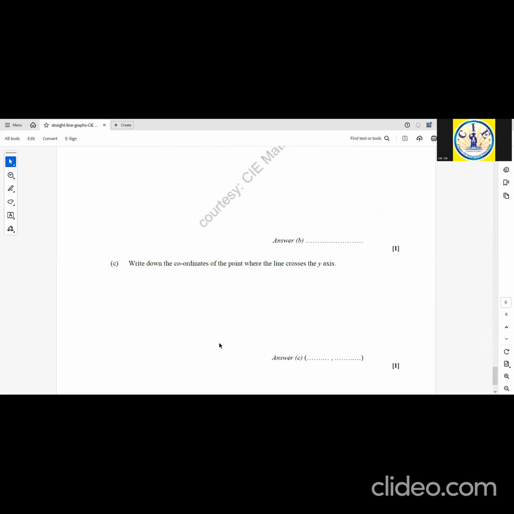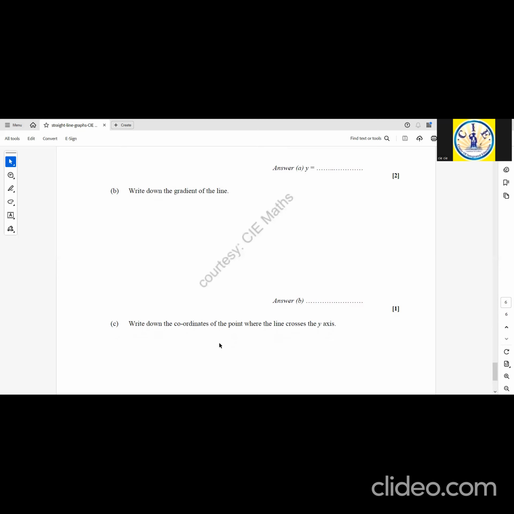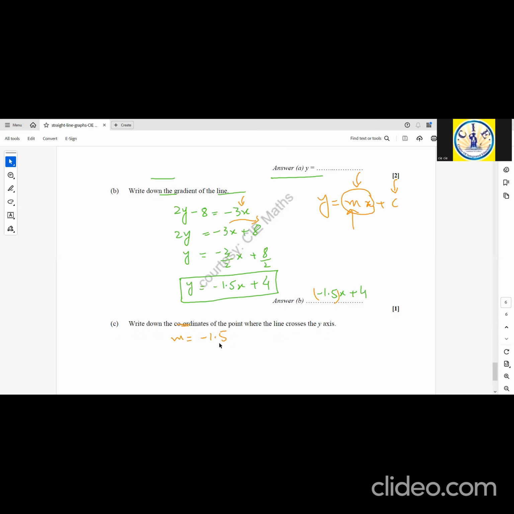Write down the coordinates of the point where the line crosses the y-axis. The gradient was -1.5, and the equation was y is equal to -1.5x plus 4.